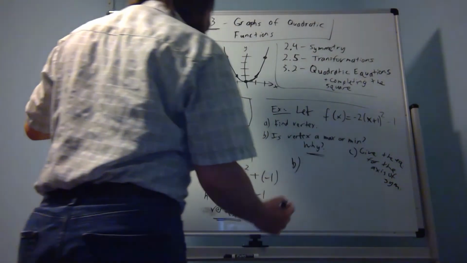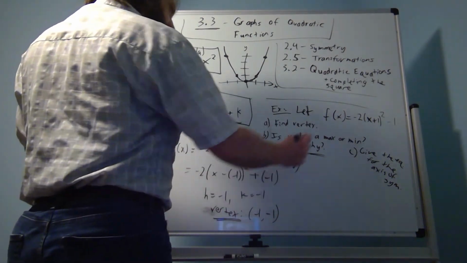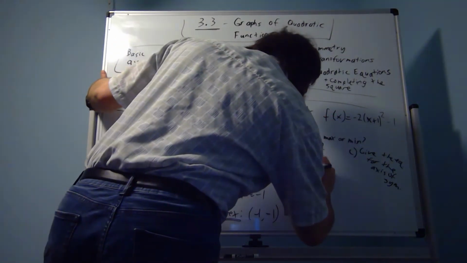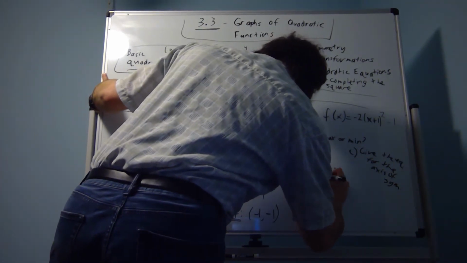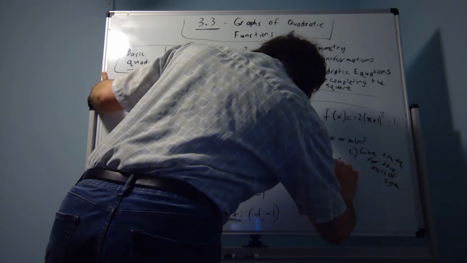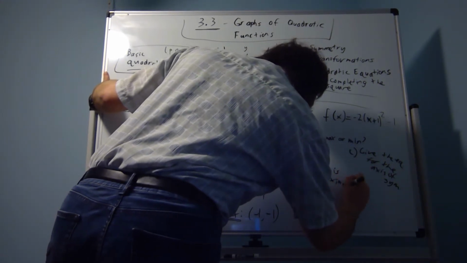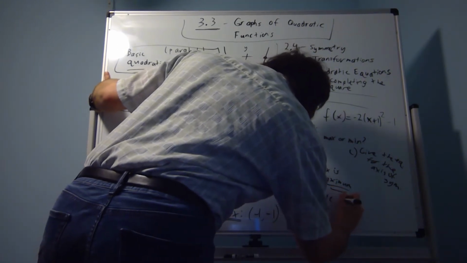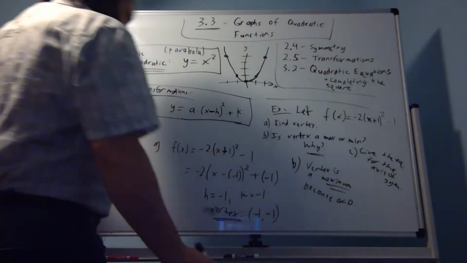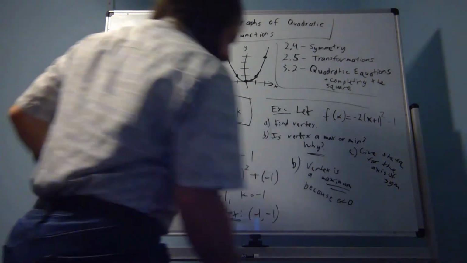All right, so is the vertex a max or a min? So the vertex is at minus 1, minus 1. Well, it's a maximum because a is negative, a is less than 0.